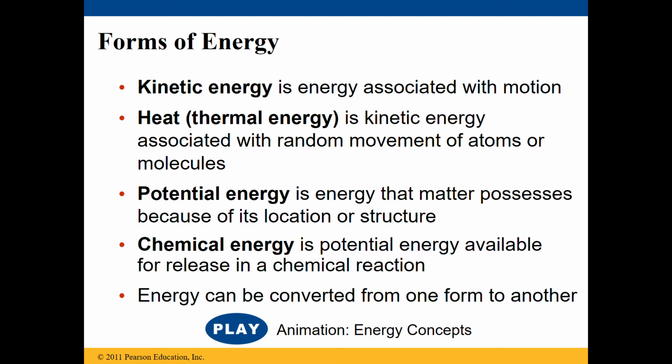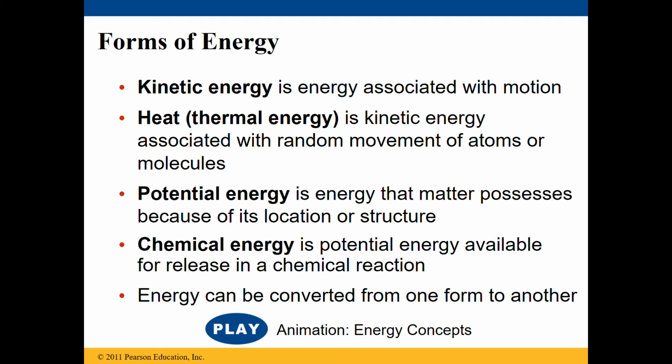Just a quick note about energy. Energy exists in lots of forms. Kinetic energy is associated with motion. Potential energy is the energy that matter possesses because of its location or structure. Of course, there's heat or thermal energy, and chemical energy is the potential energy available for release in a chemical reaction.